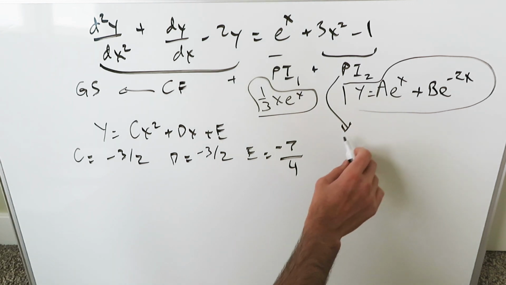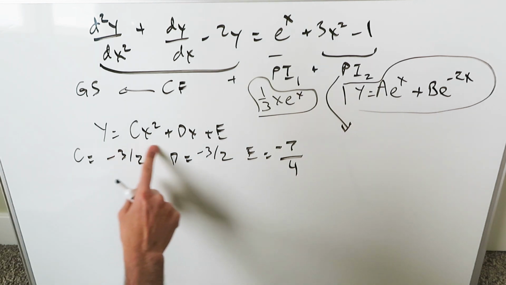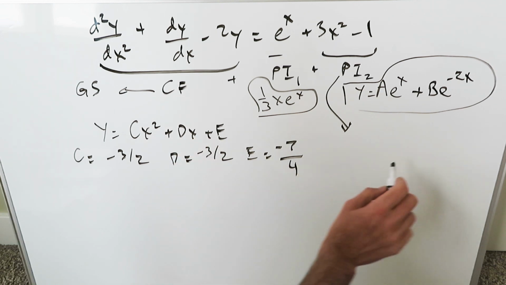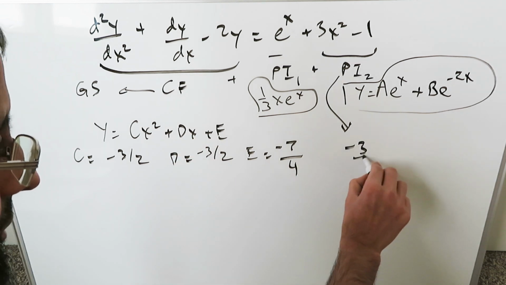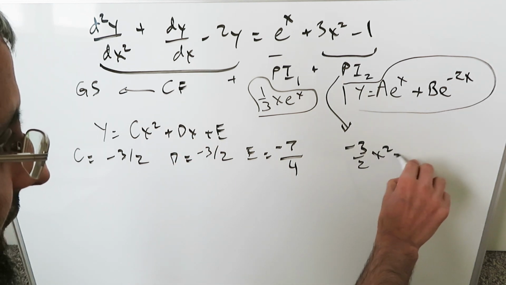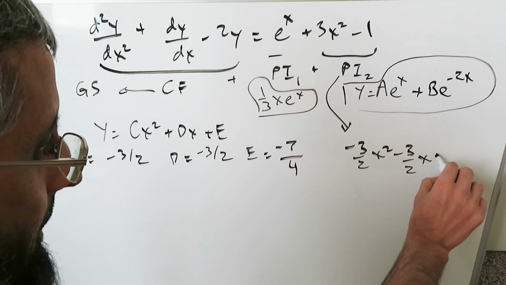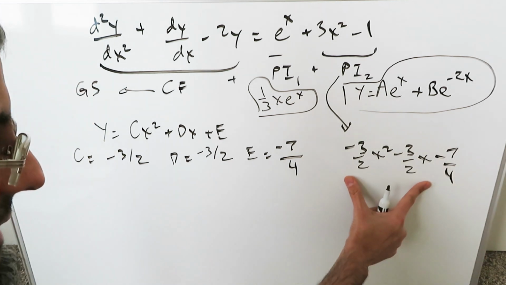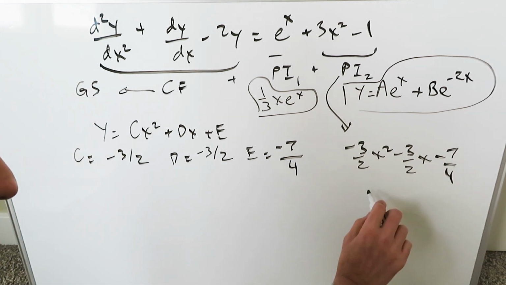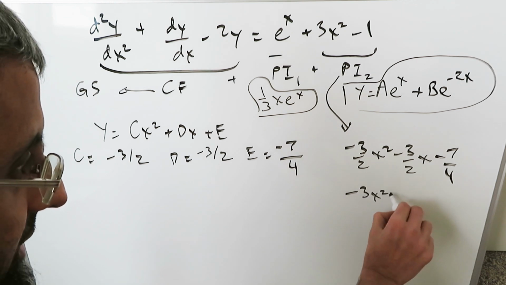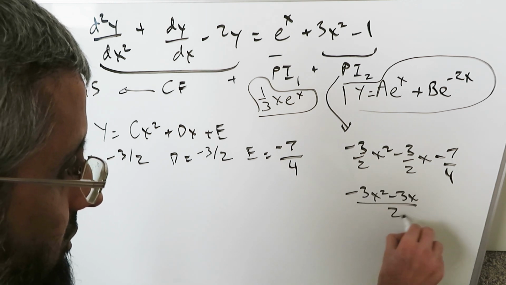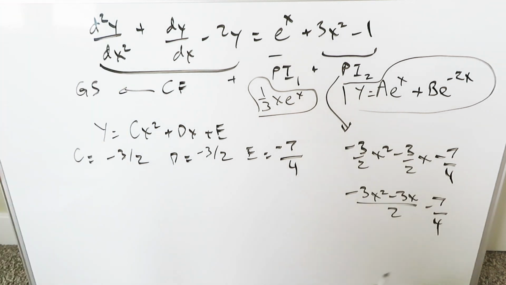Let's put it down. It will be y equals all of these items coming into place of c, d, and e. You'll have minus 3 over 2 x squared minus 3 over 2 x minus 7 over 4. If you want to combine these under a common denominator, you can. You can even say minus 3x squared minus 3x over 2 minus 7 over 4. This way you've combined it and it looks a little better.